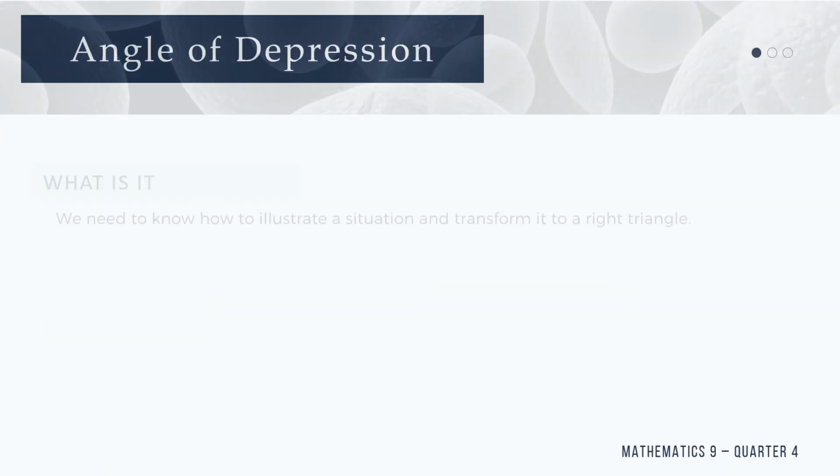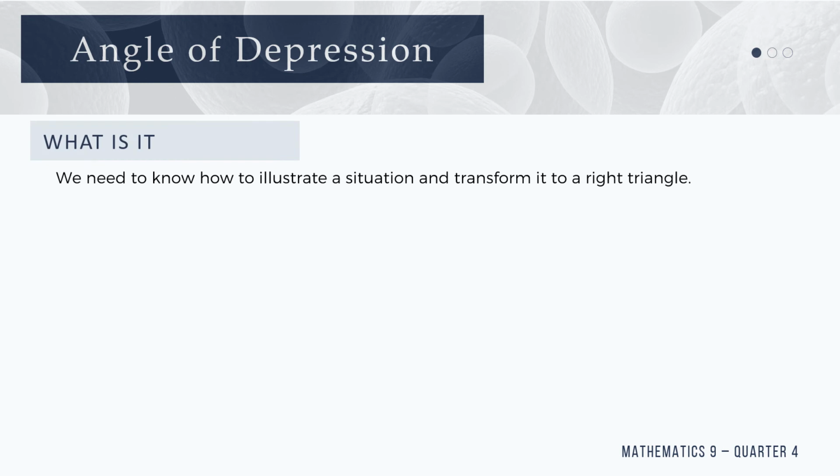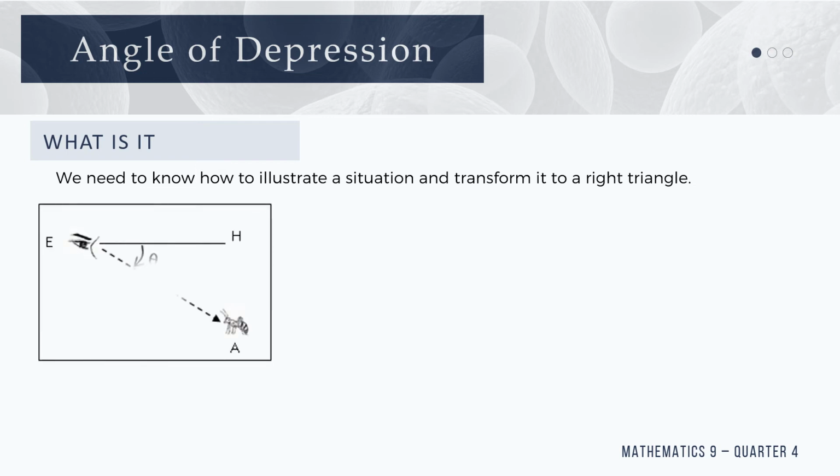So, what is it? We need to know how to illustrate a situation and transform it into a right triangle, because this is very important when we deal with angle of depression. So this is the importance of the angle of depression.